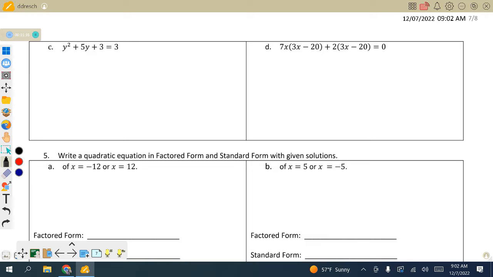When I look at that thing, what is staring you in the face? 3x minus 20, right? So with that 3x minus 20 there, it's the GCF. It's a little bit of an odd GCF than what we did on the other one, but there is a GCF there. If I take out that 3x minus 20, what am I left with on the first one? And what am I left with on the other one?